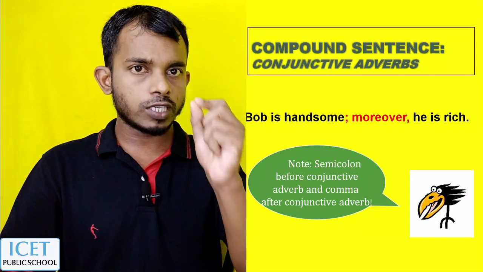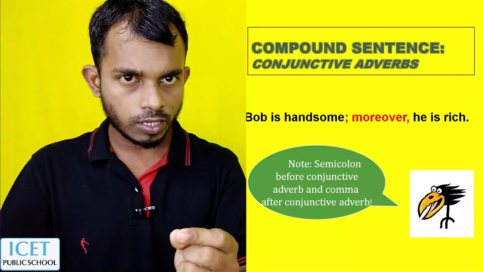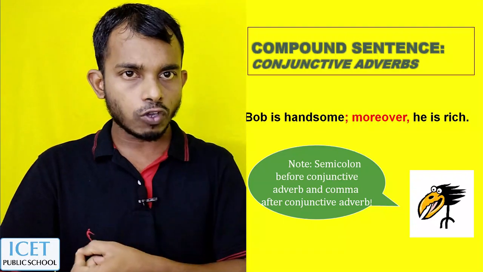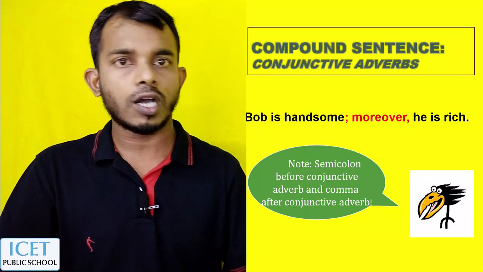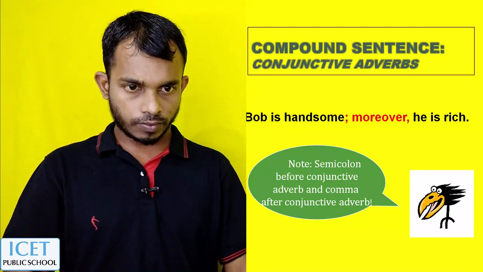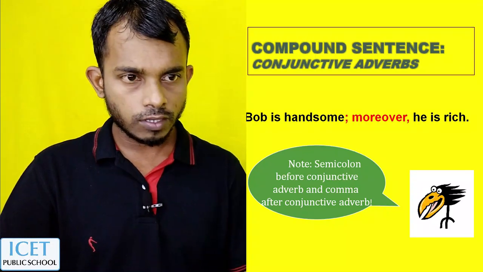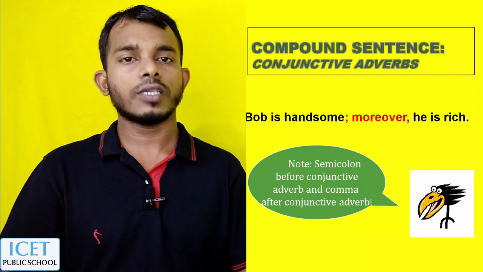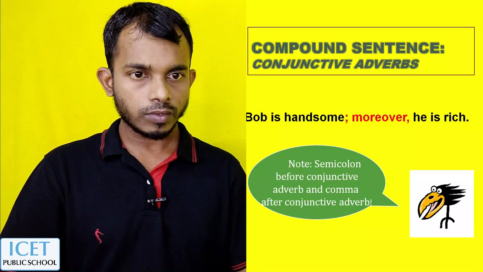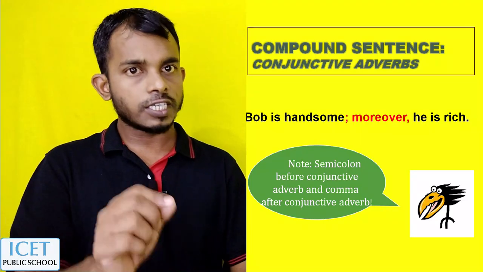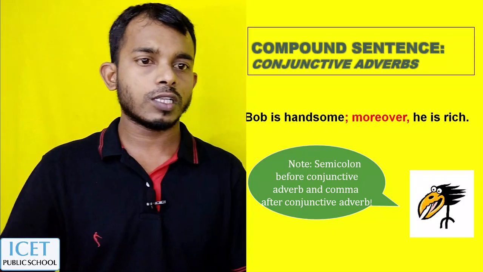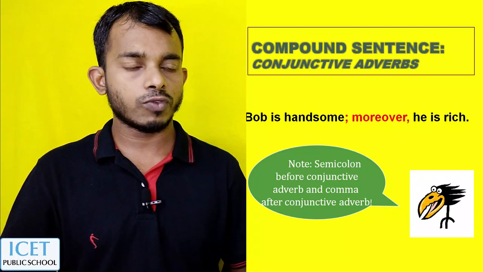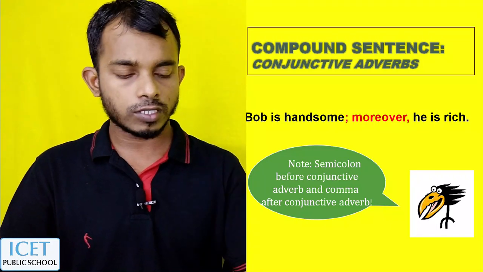When you are using a conjunctive adverb, there will be a semicolon before it and a comma after it. Bob is handsome; moreover, he is rich. So this is necessary. The punctuation mark is very important. You can recognize a conjunctive adverb with this also.